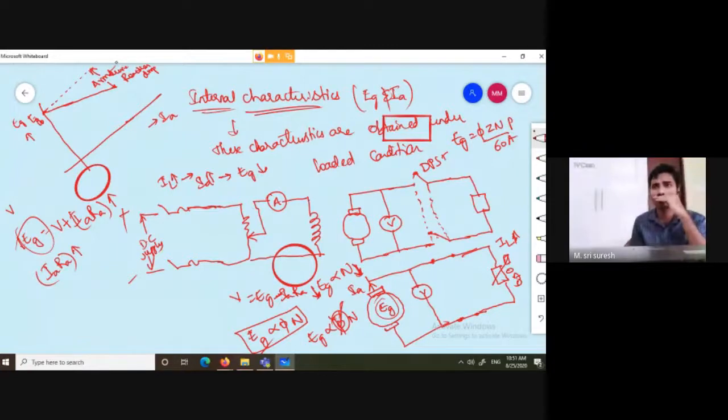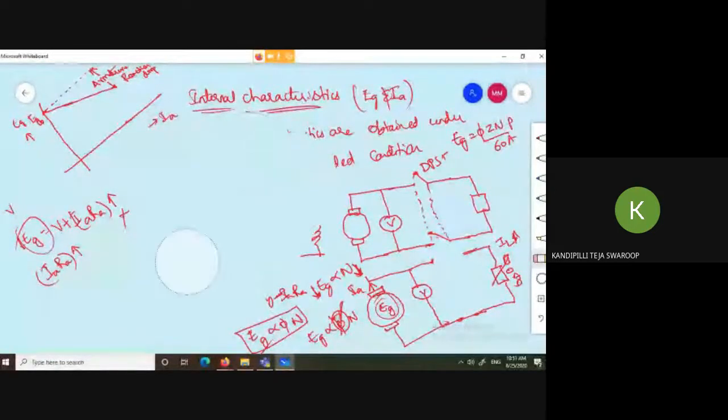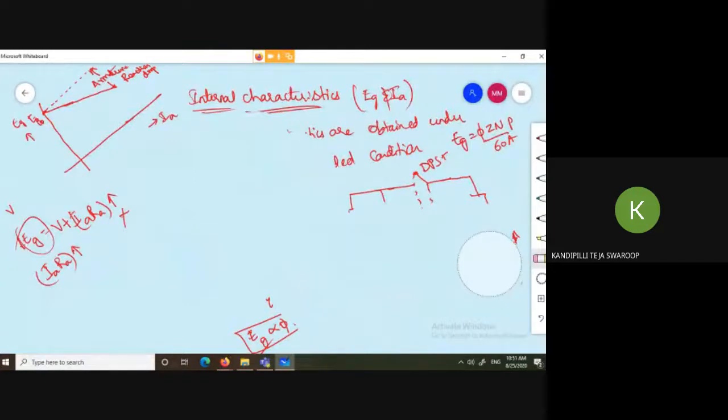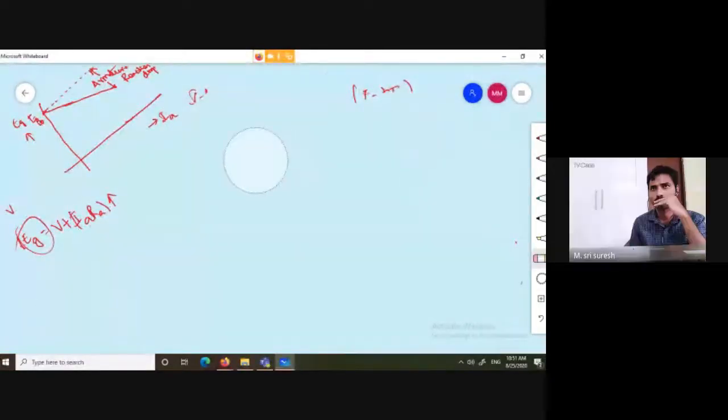Now we'll see what the armature reaction is.